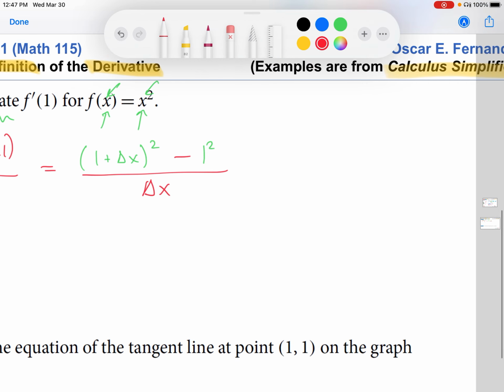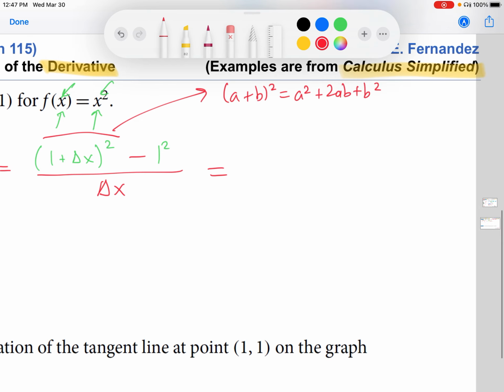Great, so now I'm going to simplify. In the numerator, I'm going to square this out. Remember that for a plus b squared, the quick way to square this is to remember this formula. So I'm going to apply that here. So 1 squared plus 2 times 1 times delta x plus delta x squared, right? So 1 squared, and then here's that term, and then here's that term.